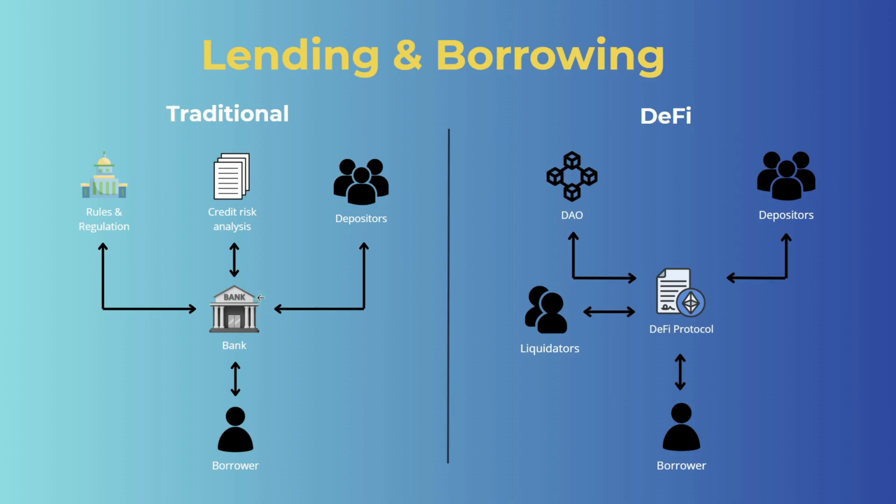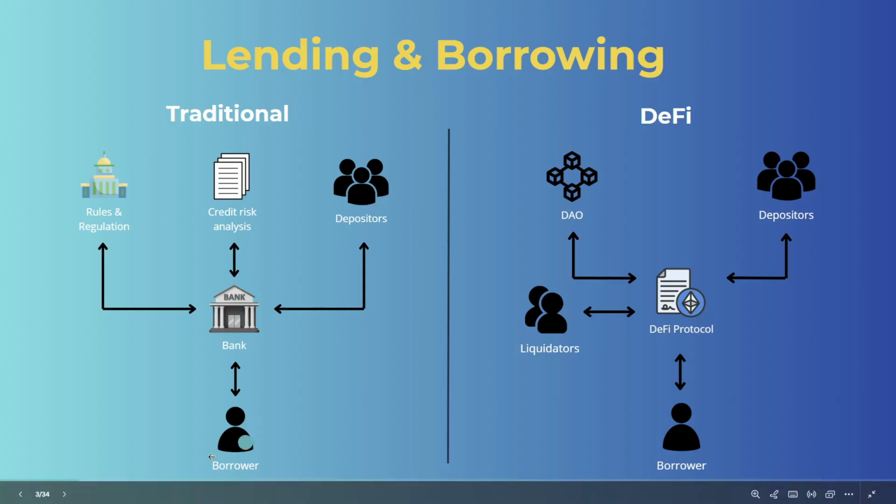But since we are talking about DeFi, in my opinion, it's important to understand the difference between traditional lending and borrowing and DeFi. So in the traditional process, as we said with the mortgage, we have a bank. It is the bank that with its own money lends the money to the borrower.